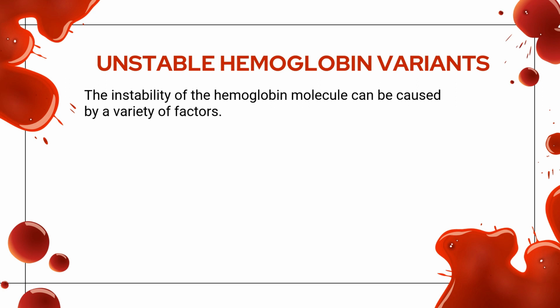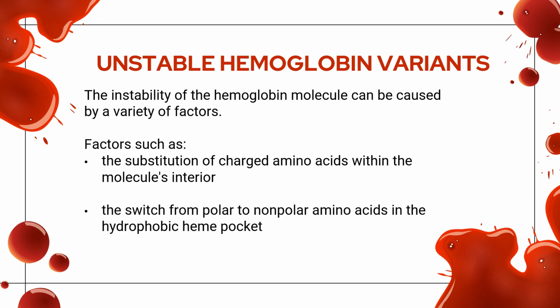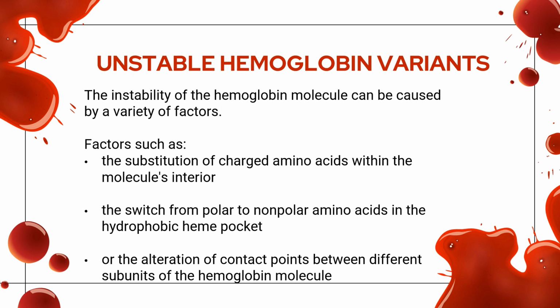The instability of the hemoglobin molecule can be caused by a variety of factors. It's like a delicate symphony, where even the tiniest change can have significant consequences. Factors such as the substitution of charged amino acids within the molecule's interior, the switch from polar to nonpolar amino acids in the hydrophobic heme pocket, or the alteration of contact points between different subunits of the hemoglobin molecule all play a role in shaping these unstable variants.